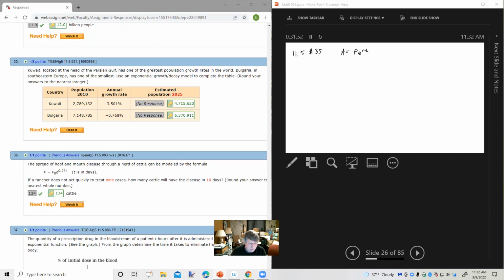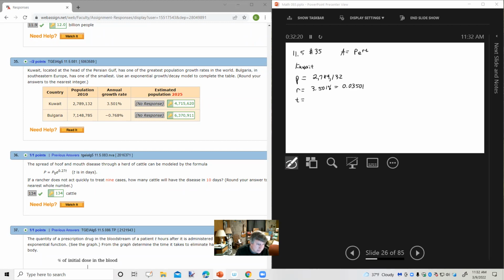So let's deal with Kuwait first of all. The beginning population is 2,789,132. The growth rate is 3.501%, which would be 0.03501. Be careful that you get the conversion correct.